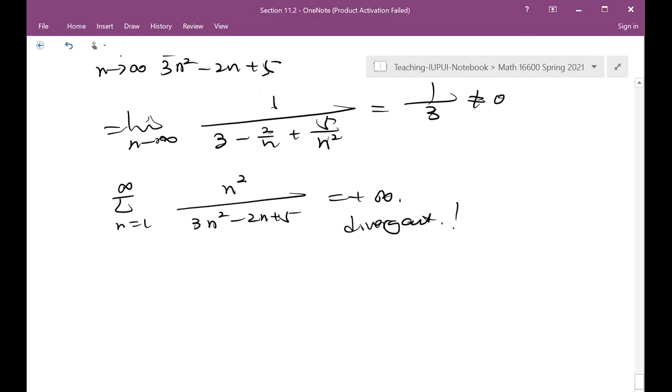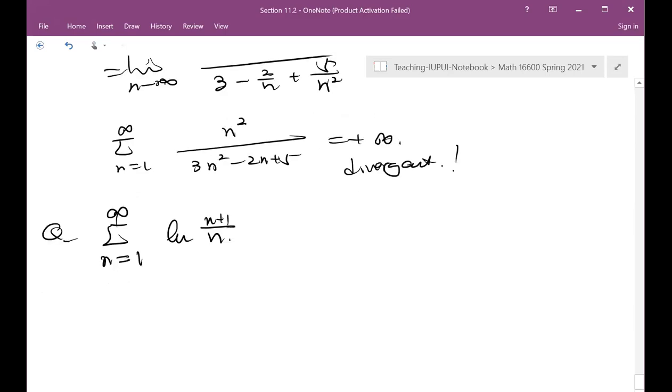All right, so let's take a look at the next problem. Okay, so look at this. My question is, is it convergent or is it divergent?